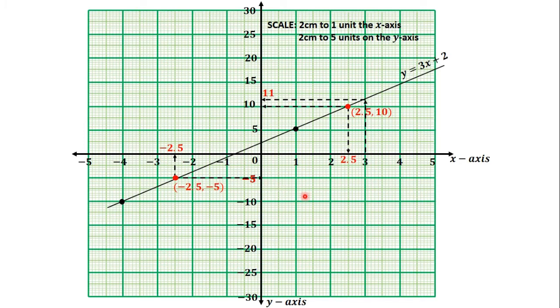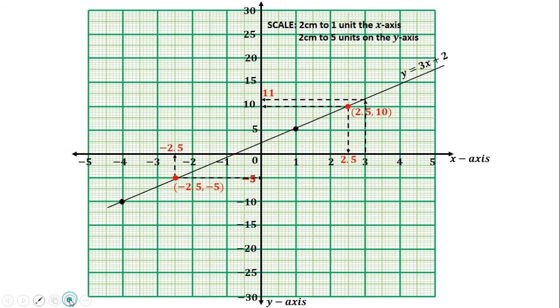So at this stage of the question, this is how your graph sheet will look. Now we are going to use the graph to find the y-intercept. As we have already seen, the y-intercept will be the point where the line cuts the y-axis. So it means that the y-intercept is this point.